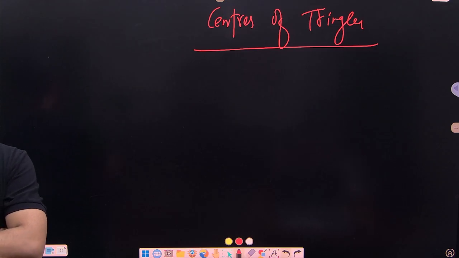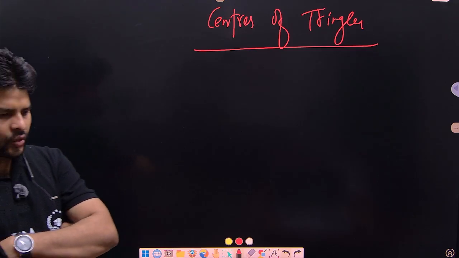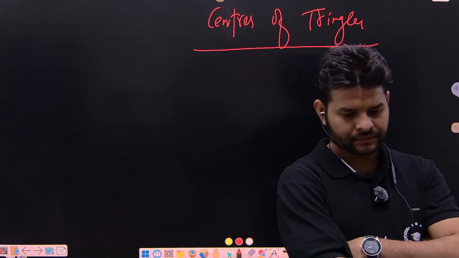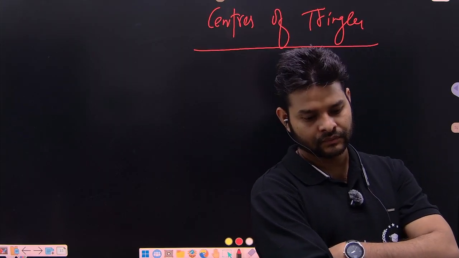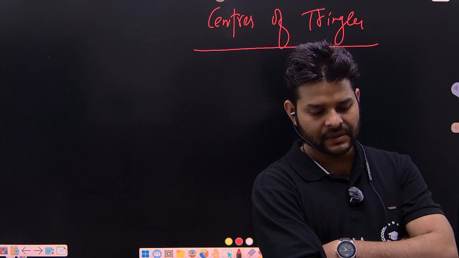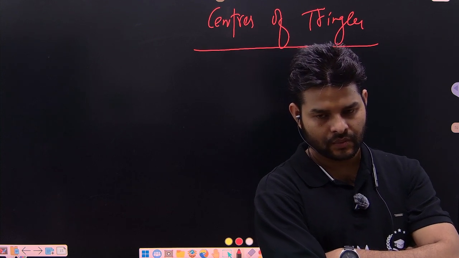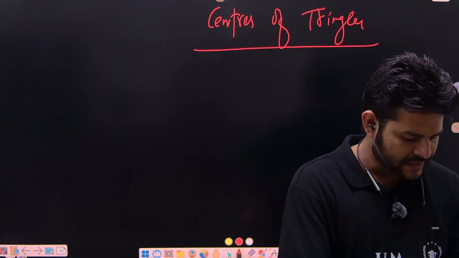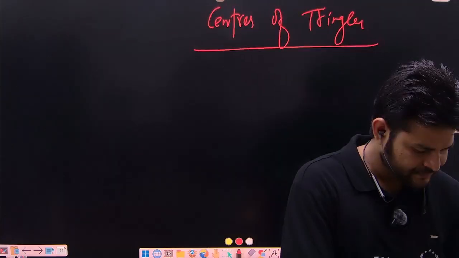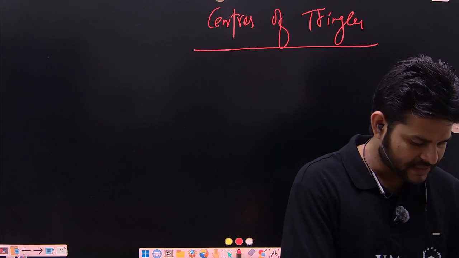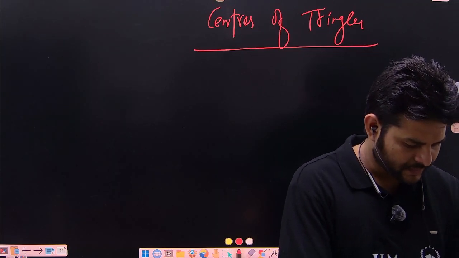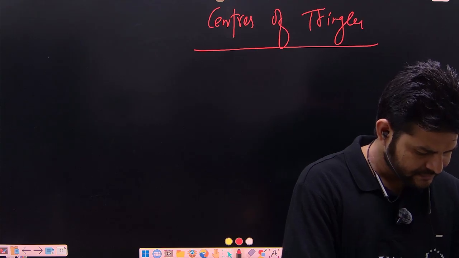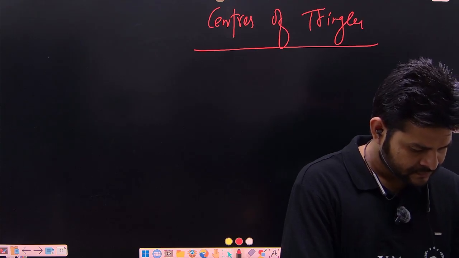There are two major centers of triangles. The first is the incenter, and the second is the circumcenter. So the main heading is incenter.